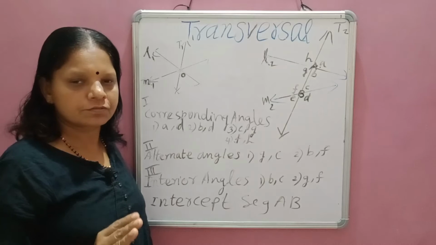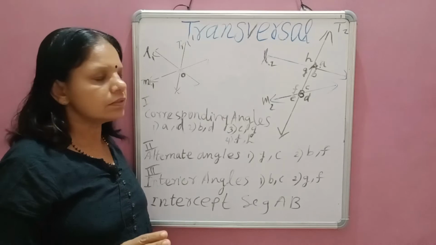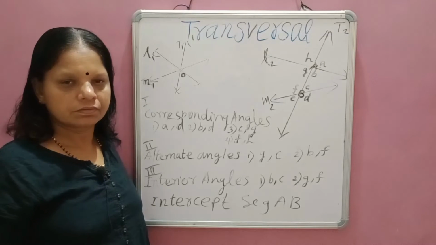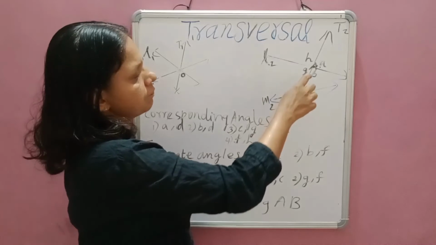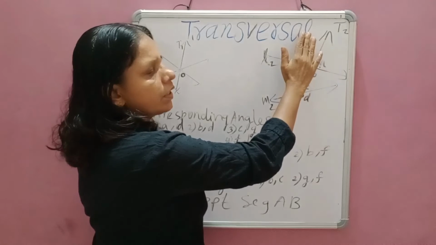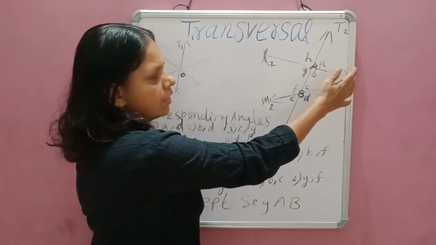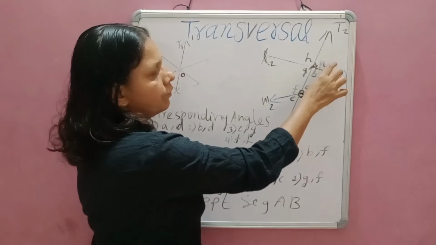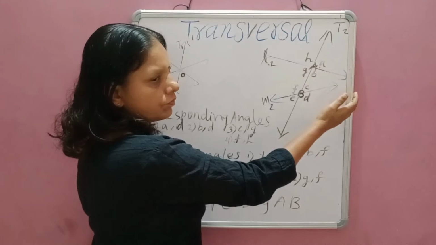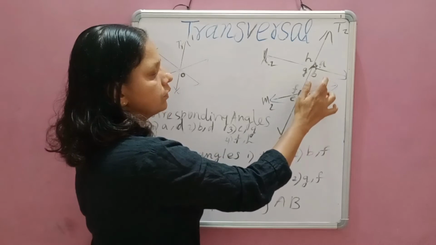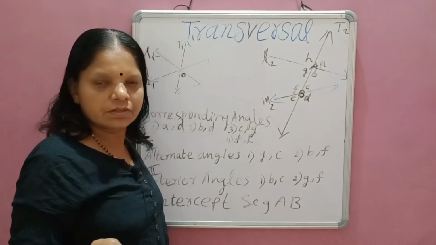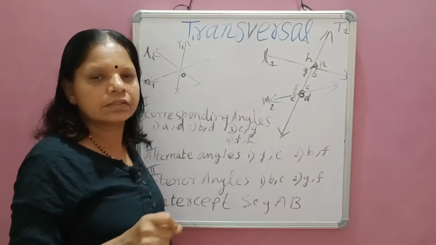So, what are corresponding angles? Angles lying in the same position. See the first pair A and C. A is to the right of the transversal and above the first line, and C is to the right of the transversal and above the second line. That is, A and C are in the same position with respect to the transversal and the lines.